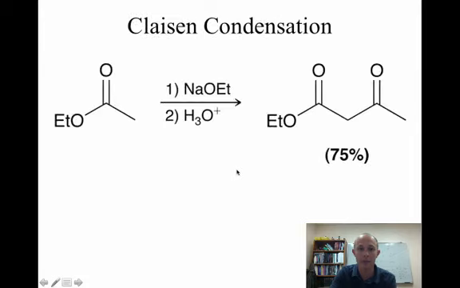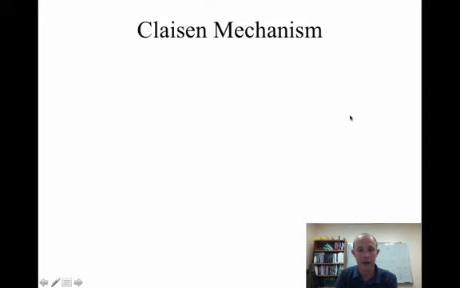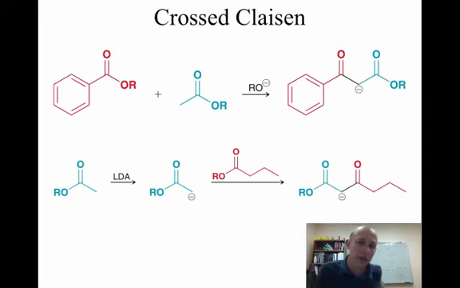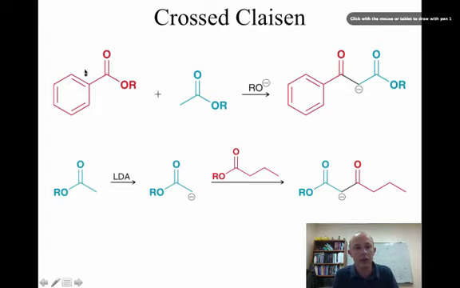If we go back one, notice that step 1 is formation of our deprotonated beta keto ester, but in order to get a neutrally charged compound, we have to add acid in step 2 to protonate this carbon in the last step. Crossed Claisens can work, but again, what you want to do is choose either one ester partner that doesn't have any alpha hydrogens, or quantitatively form your enolate and then add that to a different ester.